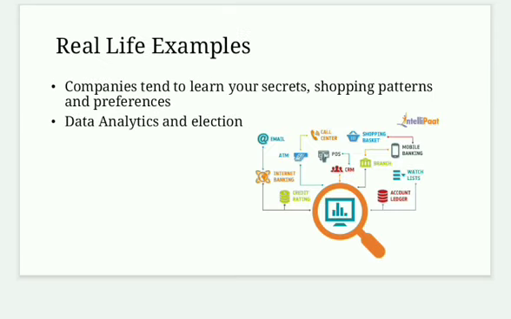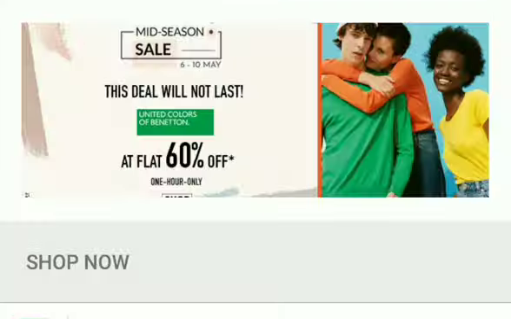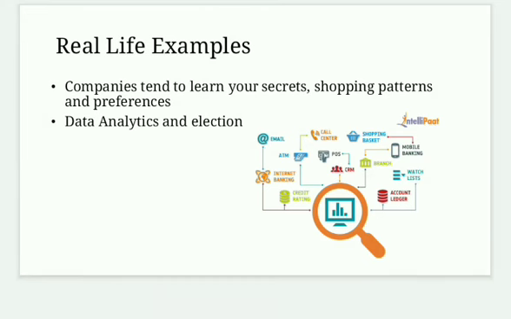So, real-life examples, as you can see here: companies tend to learn your secrets, shopping patterns and preferences. Once you search for a mobile or a laptop on Amazon, Flipkart, or any other online app, it will give you patterns or preferences.